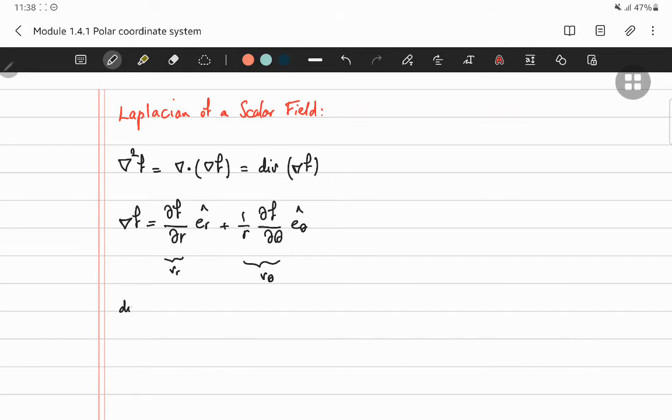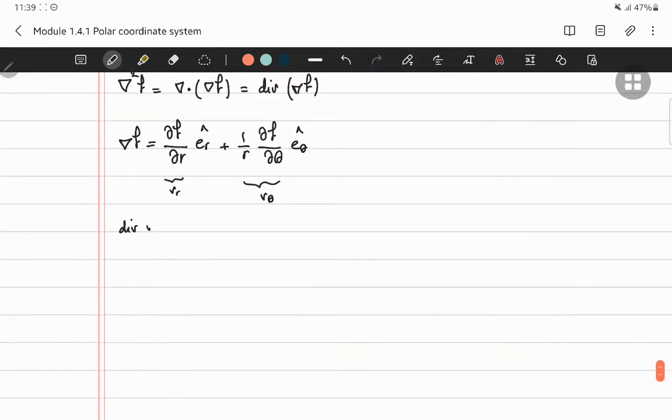So the divergence of a vector field is defined as the partial derivative of V_r with respect to r plus 1 divided by r, partial derivative of V_theta with respect to theta, plus V_r divided by r.